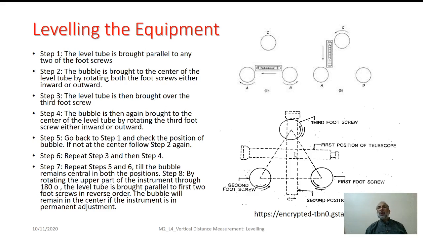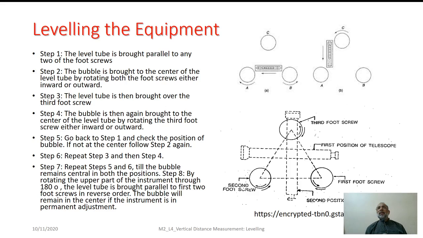Then again you have to go to the first position. Check whether the bubble is remaining at the center. If not, repeat these two steps twice or thrice so as to bring the bubble to the center for both positions.